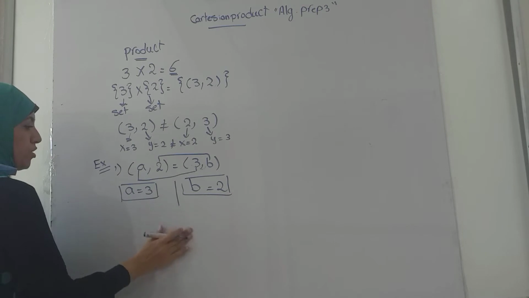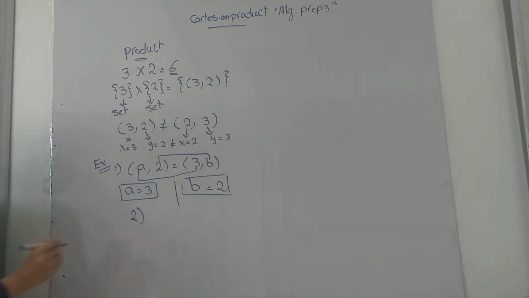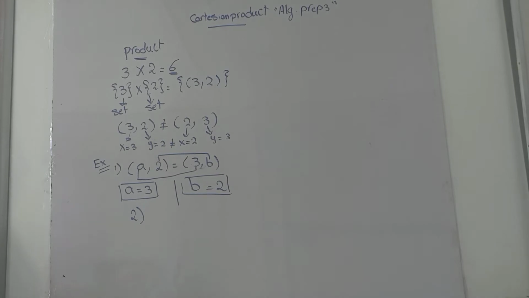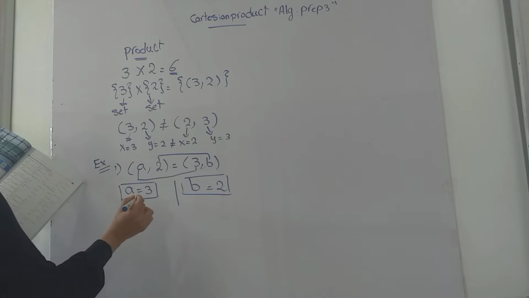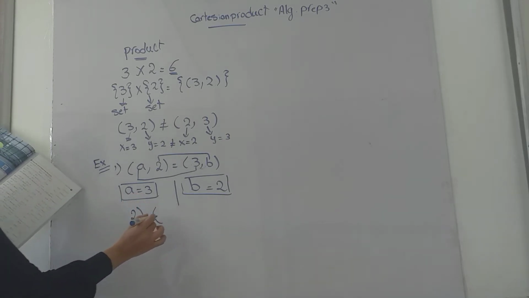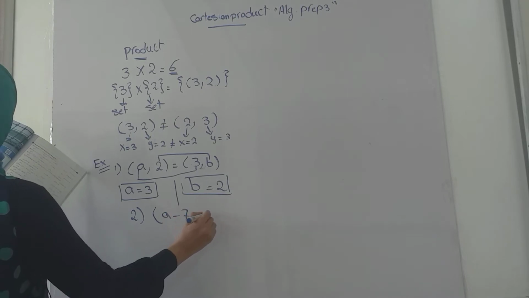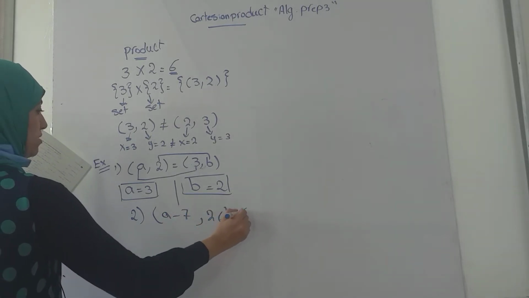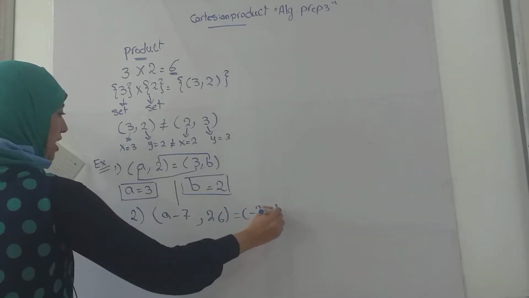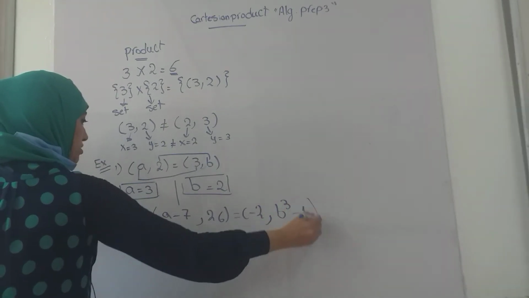Let's take more examples. Number 2. If we have (A minus 7, 26) equals (negative 2, B power 3 minus 1).